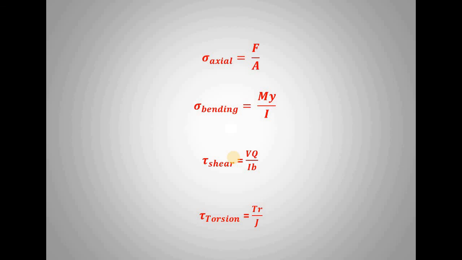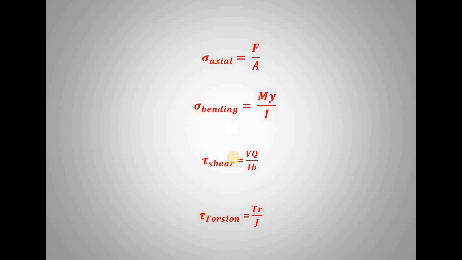So stress is basically the applied force divided by the area, and the strain is basically the change in the length of the member due to the stress. So if a member is experiencing higher stress, this member is going to have a higher strain, because the member is stressed.